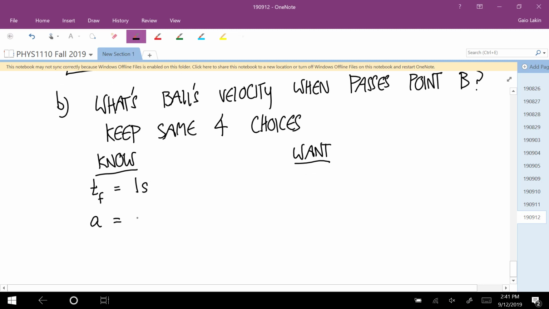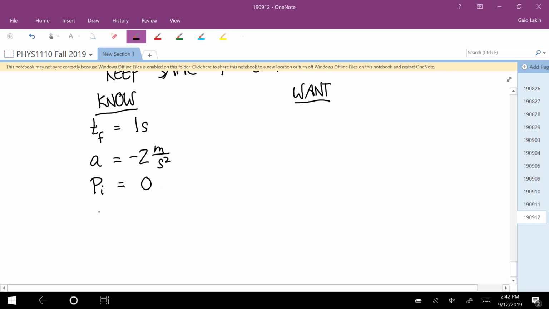The acceleration is -2 meters per second squared. The initial position is still 0. The final position is still 1 meter. The initial velocity is still +2 meters per second. And we don't know the final velocity. That's what we're looking for.